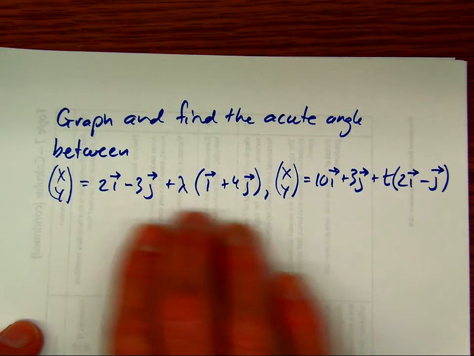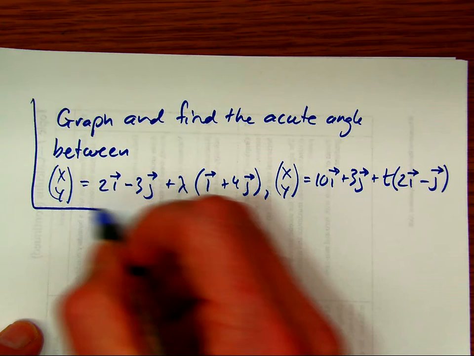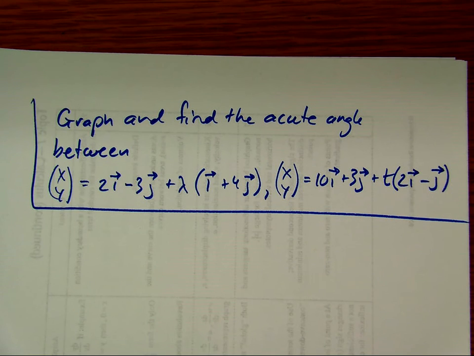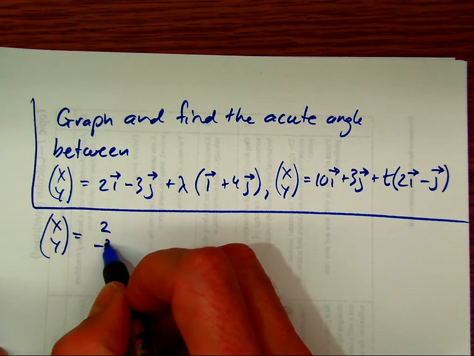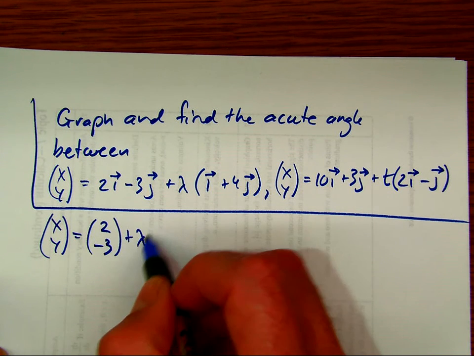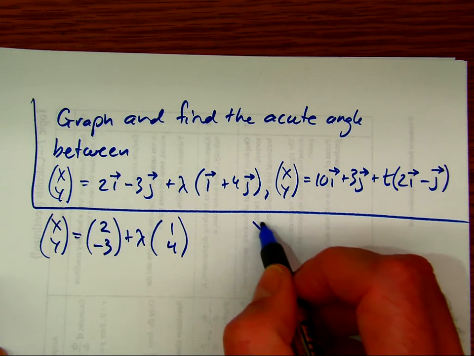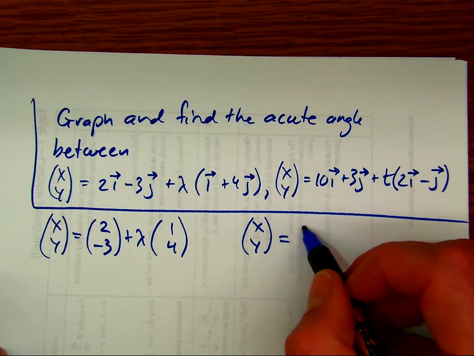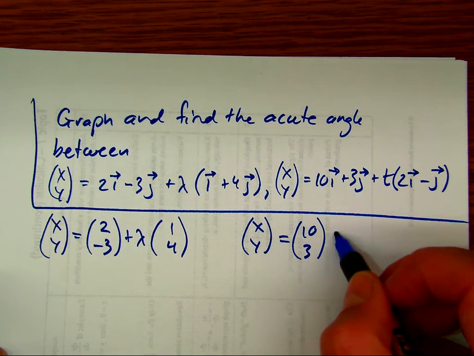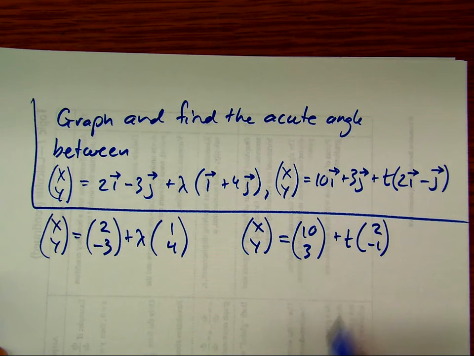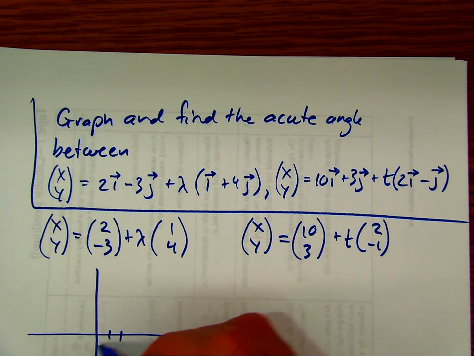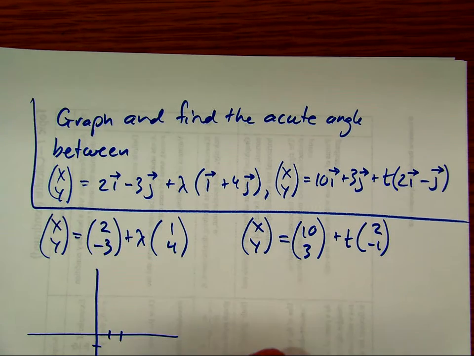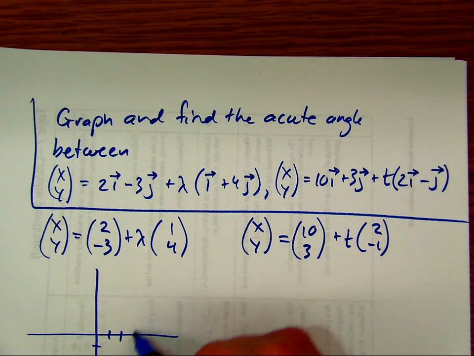Here's a vector equation. There's a vector equation. We're going to graph them and find the angle between the lines. So it might help to write it in column vectors. So that's a starting point, and then we're going to go over 1, up 4.